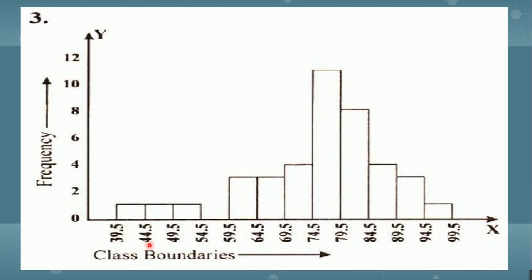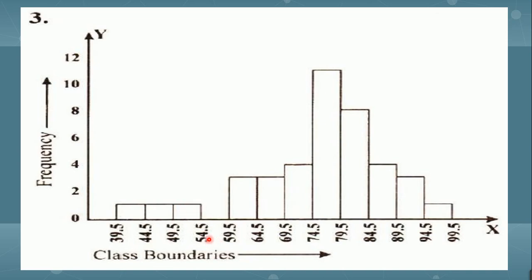39.5 to 44.5 is the first class boundary, its frequency is 1, so you will make its height up to 1. You will see from the y-axis. And 44.5 to 49.5, its frequency is also 1, so its height will be 1. 49.5 to 54.5, its frequency is 1, so its height will also be 1.